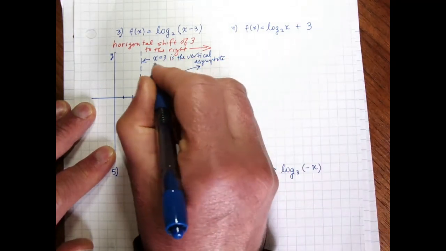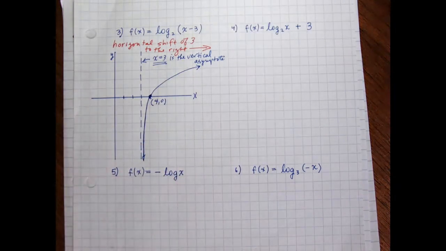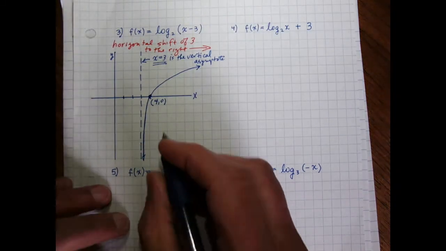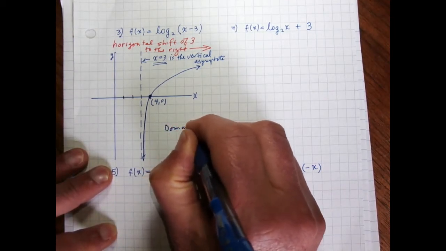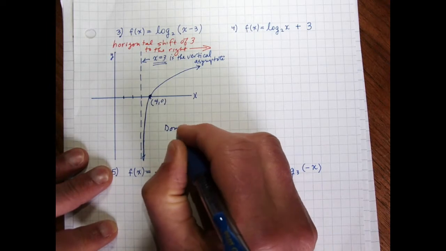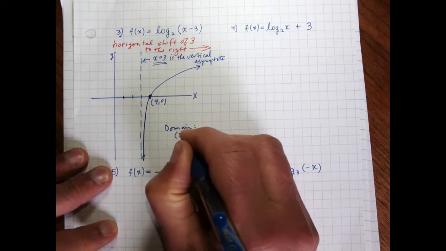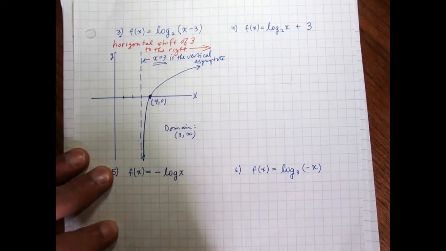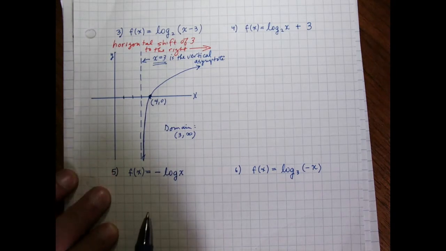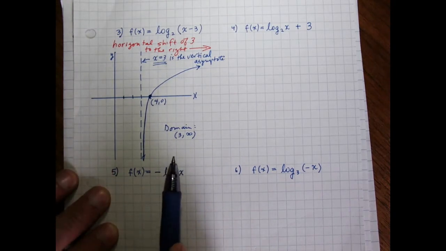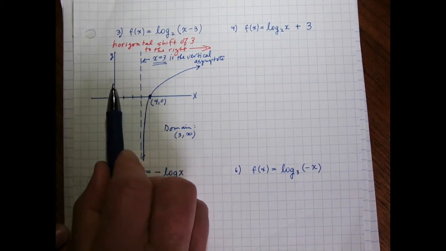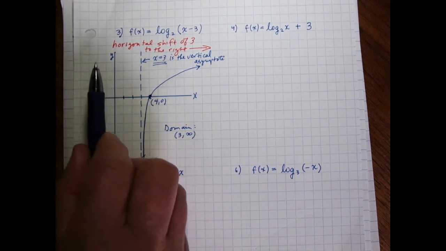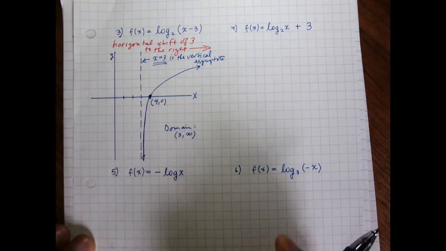But again, most important of all is getting that asymptote correctly. I won't ask you to state the domain, but I just want you to realize here the domain is actually going to be the interval from 3 to infinity with 3 not included. So the domain is affected by this horizontal shift. There are no points between the y-axis and the vertical asymptote, no points to the left of the y-axis.